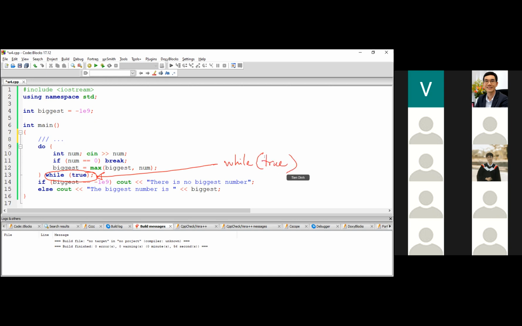This is not a good practice to do. Because why true here? When you have a condition, and that condition is always true.